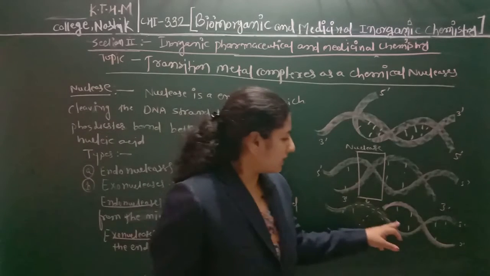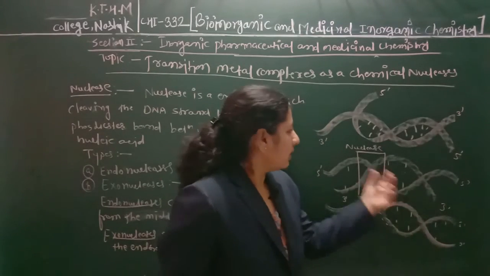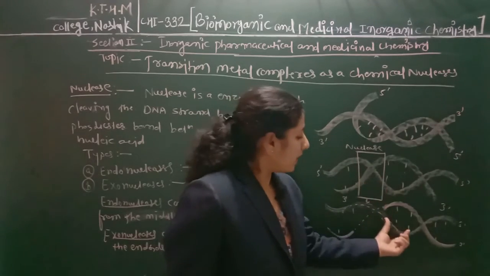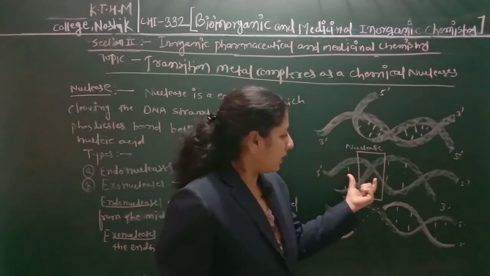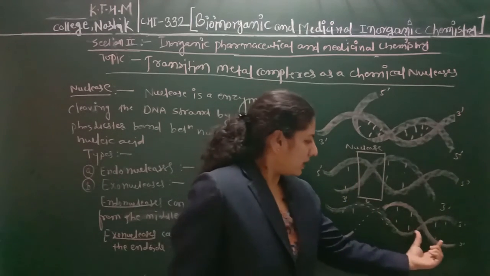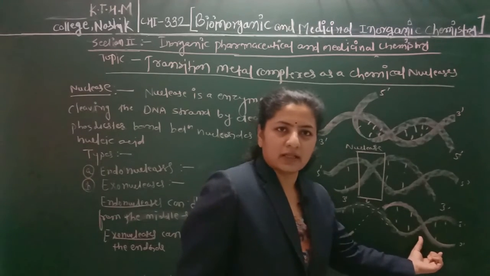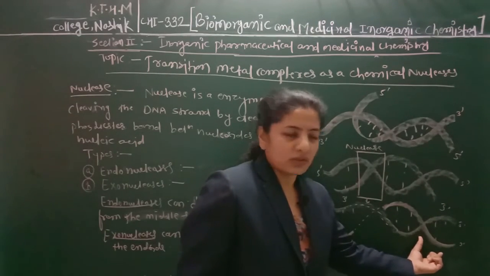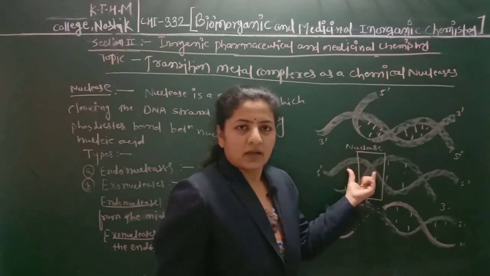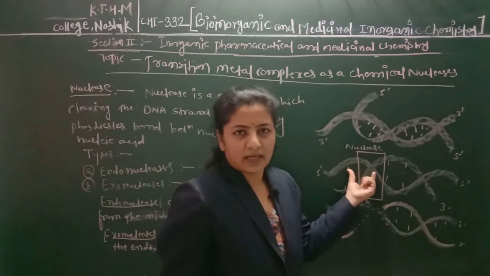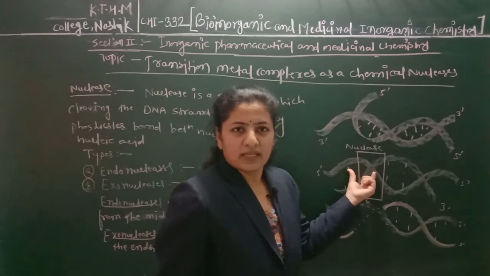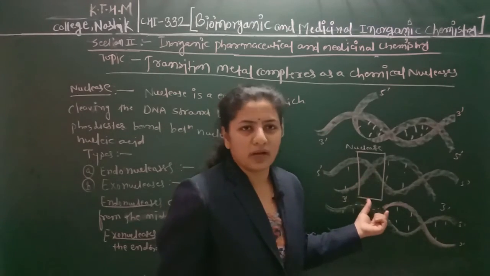We know that exo is the outer or outside portion, whereas endo is the inside portion, or from the middle portion of the base pairs. If the nuclease acts from the end, releasing nucleosides and nucleotides, it is an exonuclease. If it ruptures the nucleic acid, that is RNA and DNA, from inside, then it is called an endonuclease. So this is the difference between endo and exonucleases.